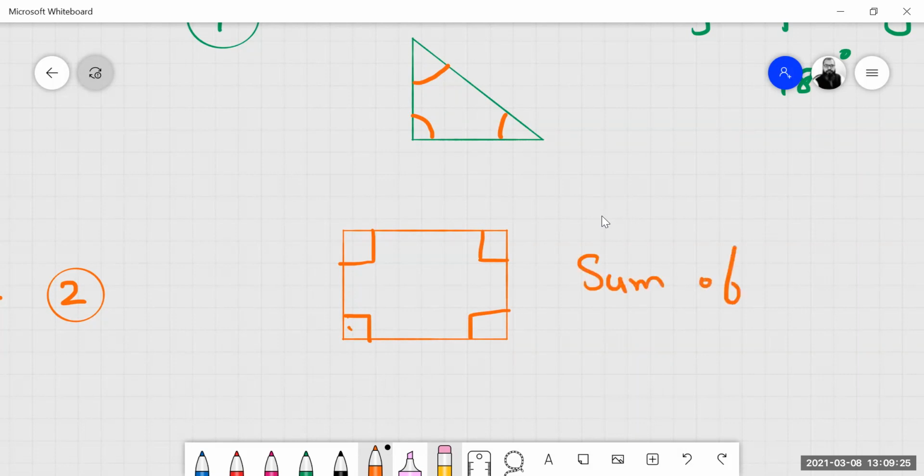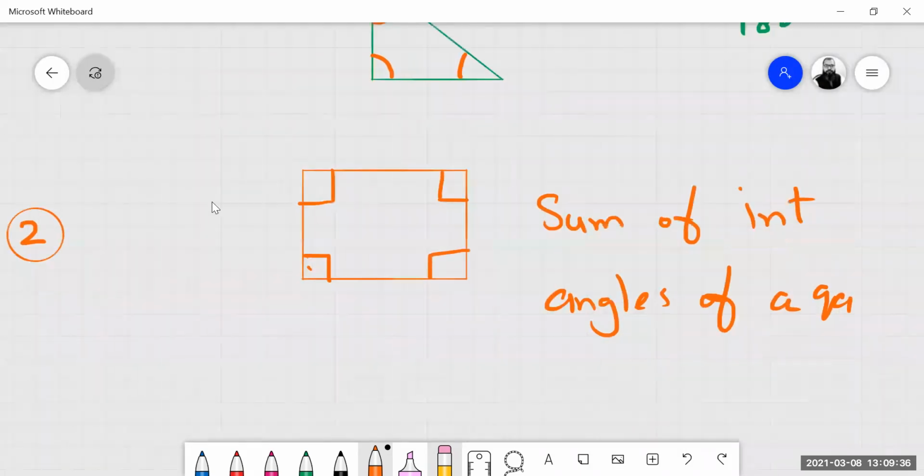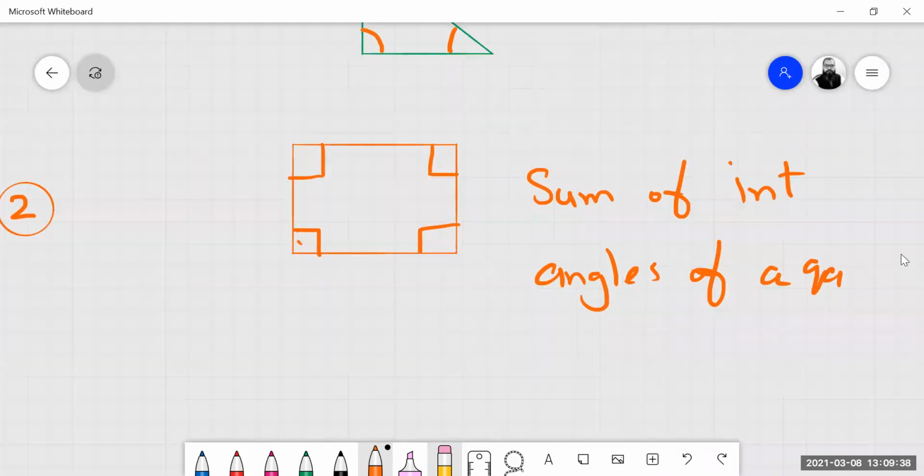The sum of interior angles of a quadrilateral is 360 degrees.